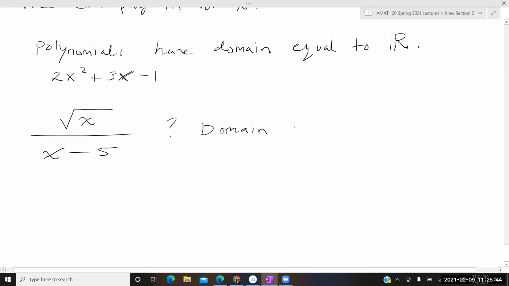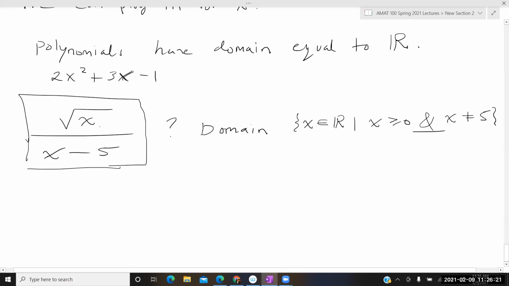We could say the domain is the set of all real numbers x such that x is greater than 0, and it's important that this condition also has to be satisfied: x is not 5. There is some intersection going on. So this is one way of expressing the domain of this expression right here.